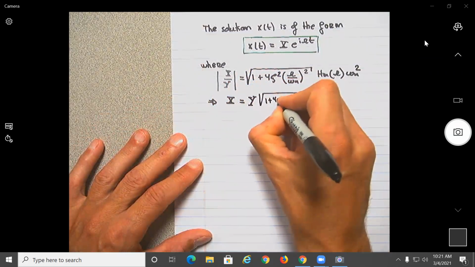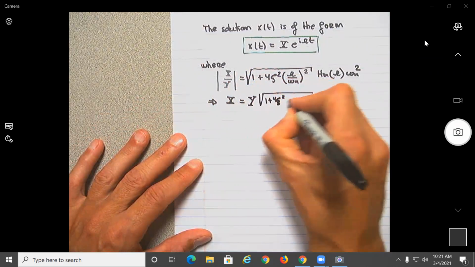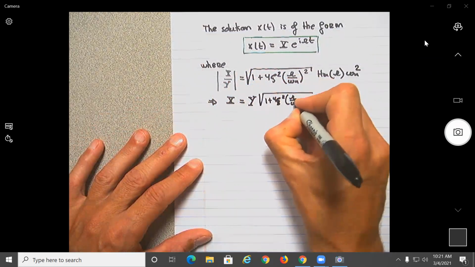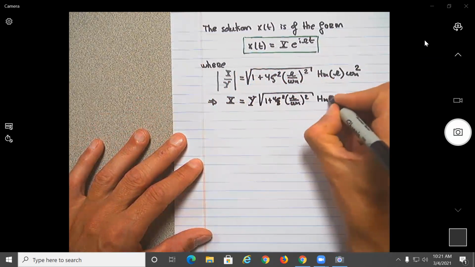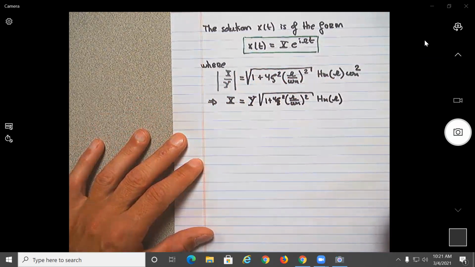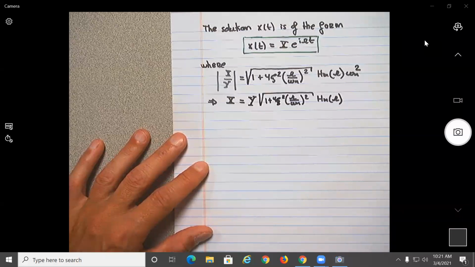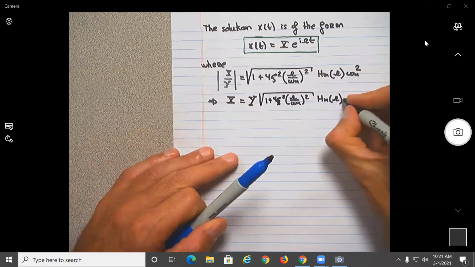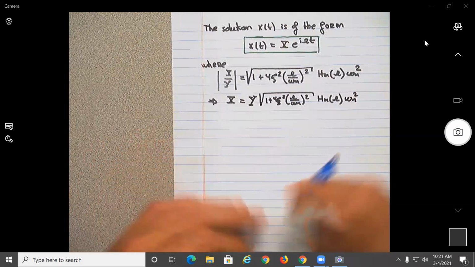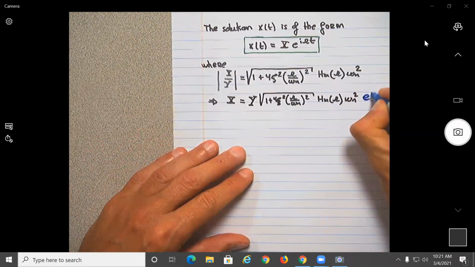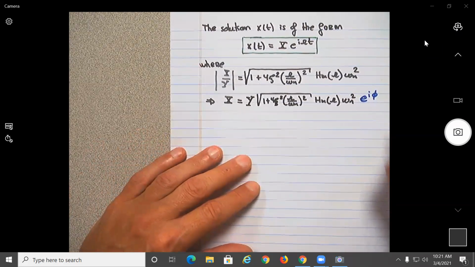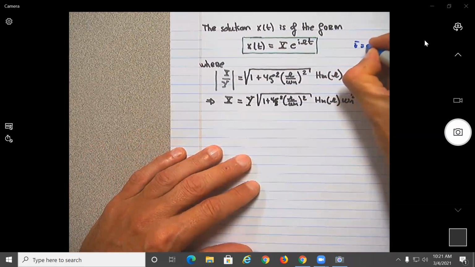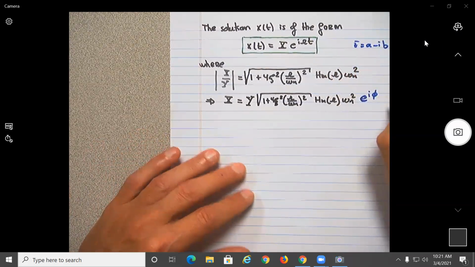1 plus 4 zeta squared, ratio of omega over omega n squared, over the same denominator, omega, and here, let's not forget this omega sub n squared, times e to the i phi. Okay, if you remember, a complex number is z equal a plus or minus, doesn't matter, a plus ib.